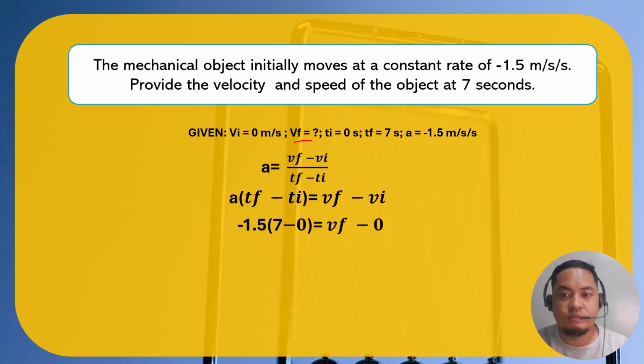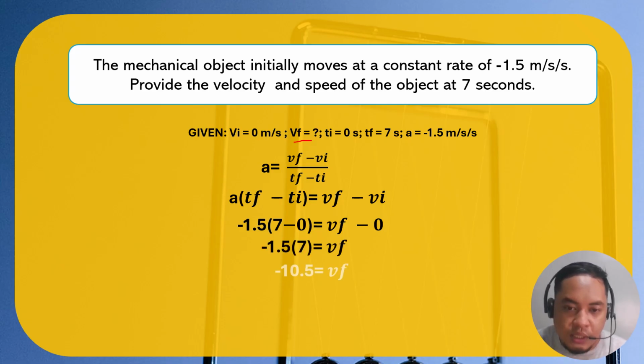So we will substitute the values there. You have to substitute carefully. Negative 1.5, 7 is the final time minus 0, and the initial time is 0. It is not provided in the problem, so there's no specific value but 0. Okay, so this will be our final velocity. It's negative 10.5.